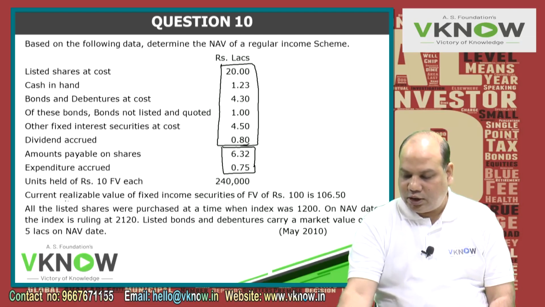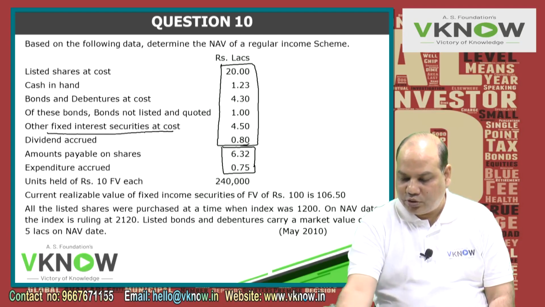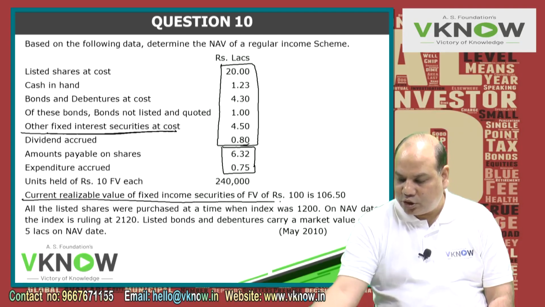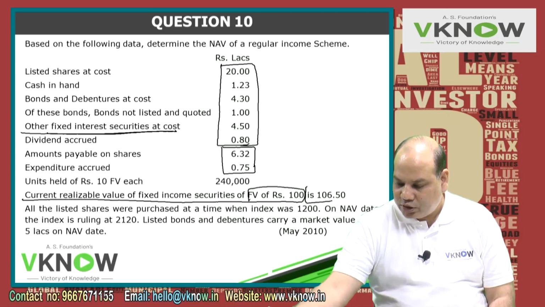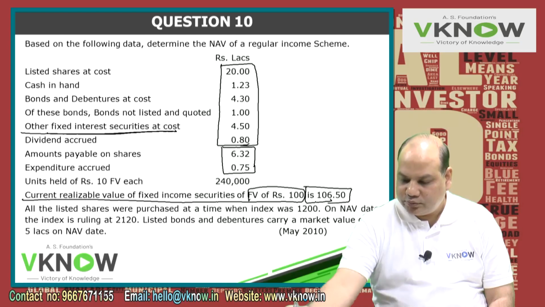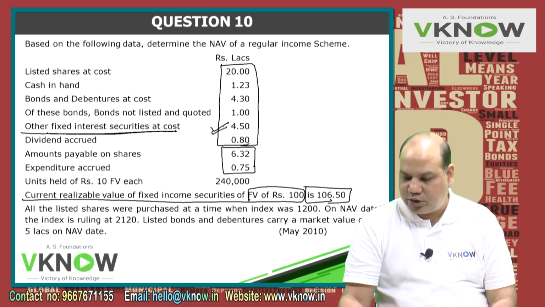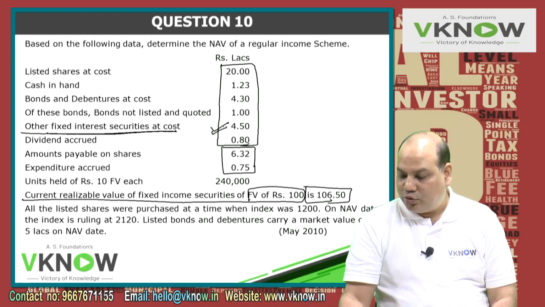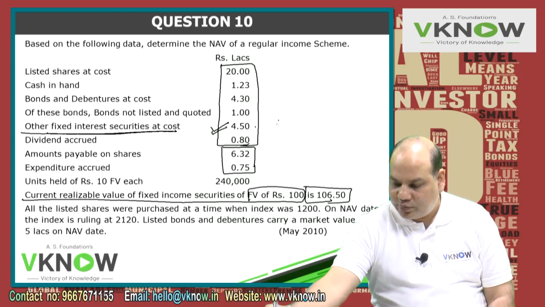The current realizable value of fixed income securities, so they are talking about this. The current realizable value of fixed income security of the face value of rupees 100 is rupees 106.50. So 4.50 is the cost.